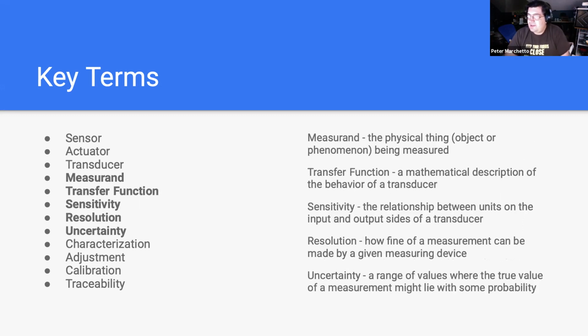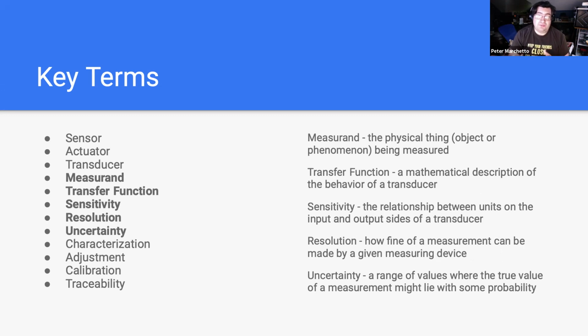A measurand now is the physical thing, the object or phenomenon that's being measured. A transfer function then is a mathematical description of the behavior of a transducer. And its sensitivity is the relationship between the input and output sides of a transducer. We'll get into a little bit more detail on that in a little bit. Resolution is how fine of a measurement can be made by a given measuring device.